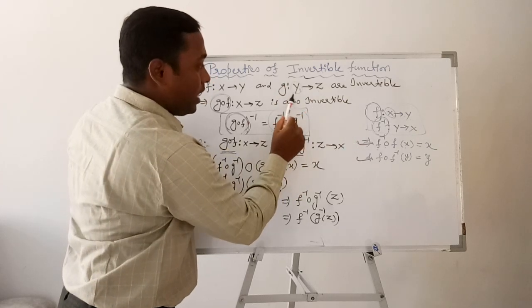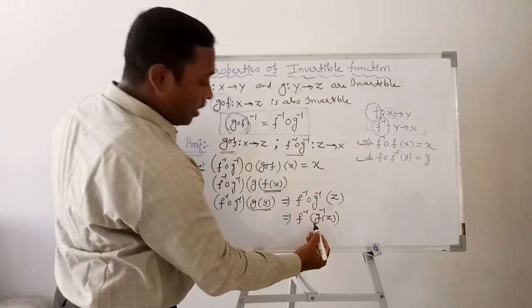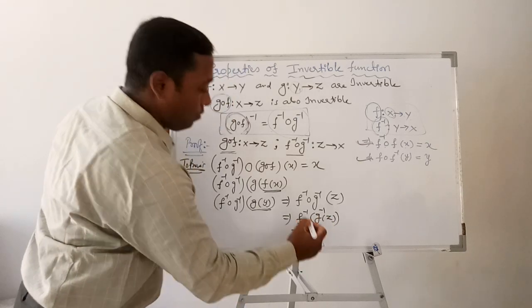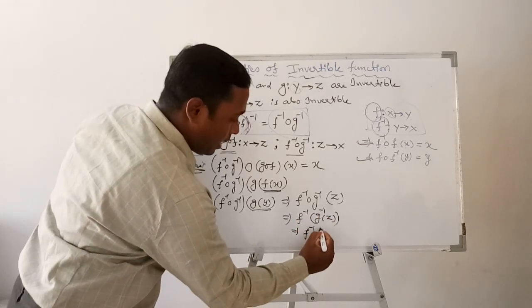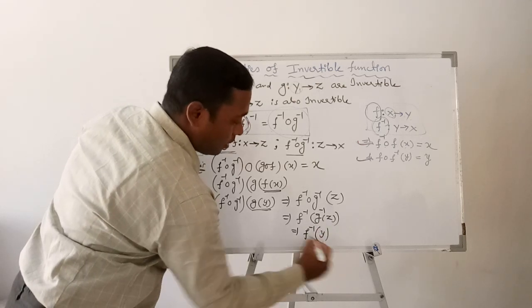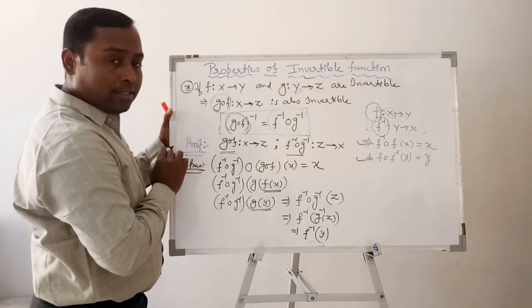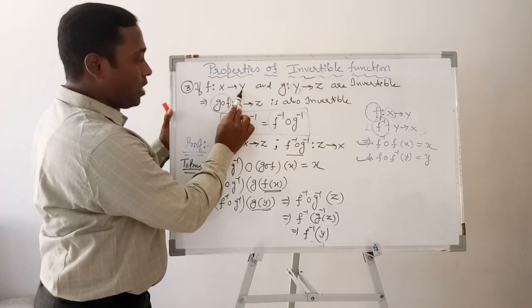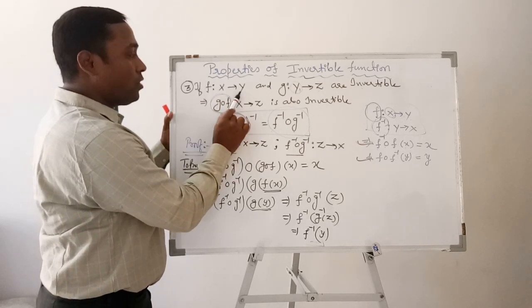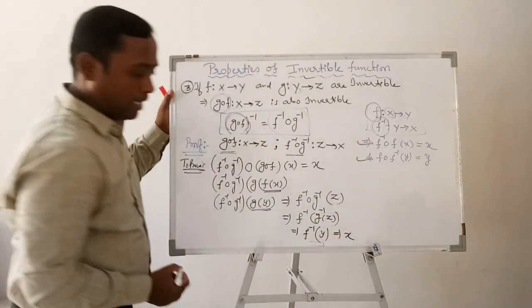It means that its inverse is defined from Z to Y. So g inverse of z will give y. And what will f inverse of y give? X, because f is a function from X to Y, its inverse is defined from Y to X. Hence f inverse of y will give x. So ultimately the answer is x.